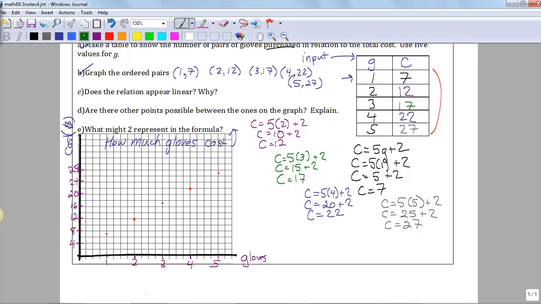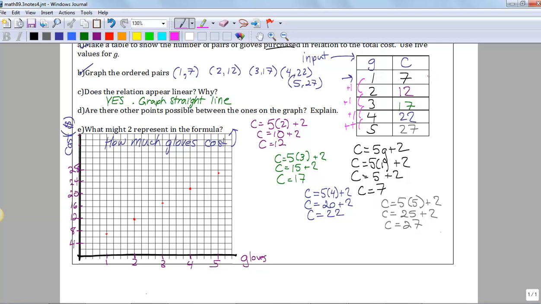Question C, does the relationship appear linear? Why or why not? The answer is yes, for a couple of reasons. The graph is a straight line. But even before I graphed it, if I look at that table of values, I'm going up both the X and the Y by equal increments. This is plus 1, plus 1, plus 1, plus 1.